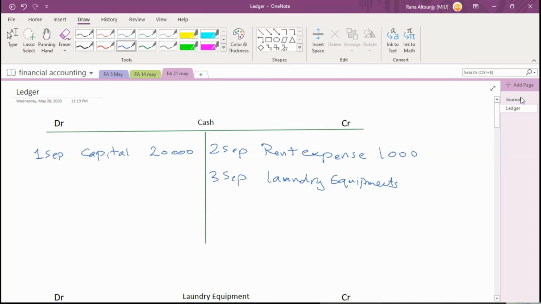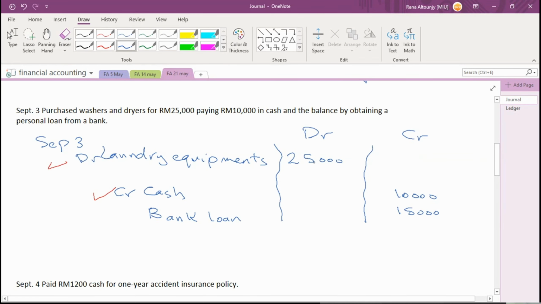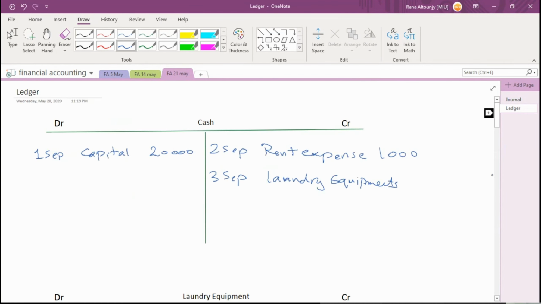What do we write for the amount here? We don't write the 25,000. We write only what we already paid in cash, which is 10,000. Okay, so this one you have to be careful how to write it.